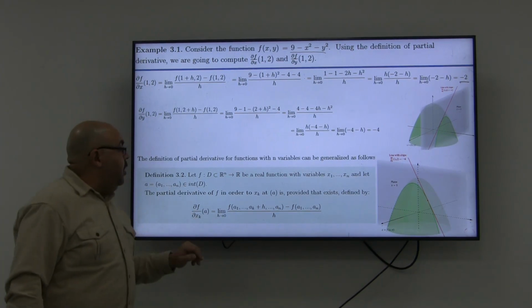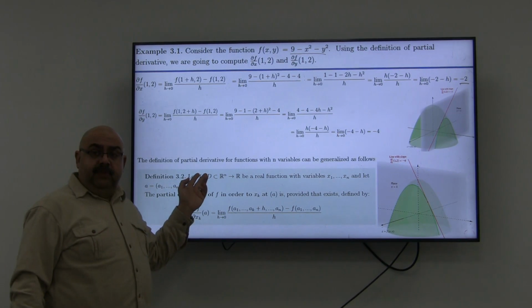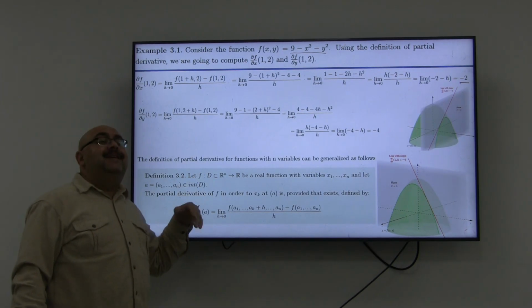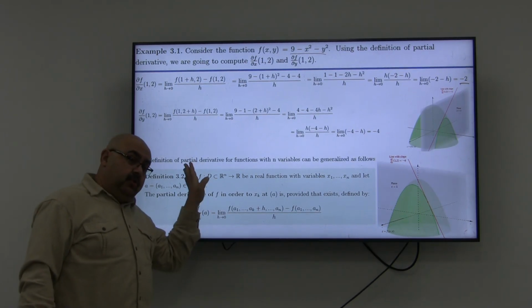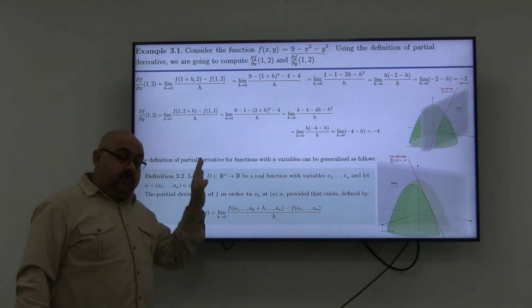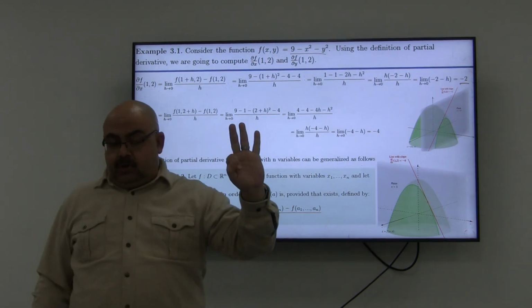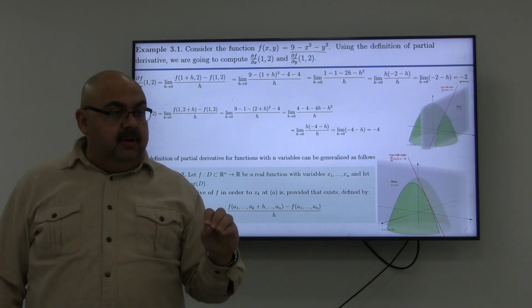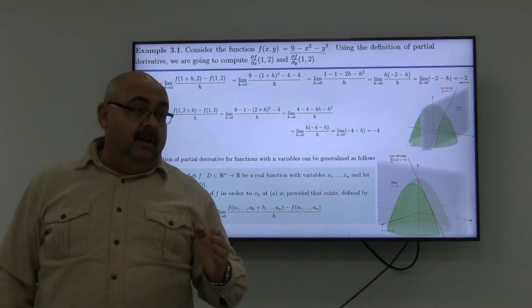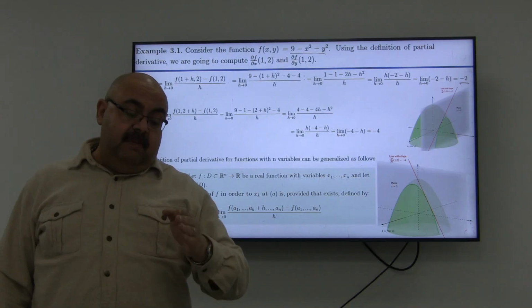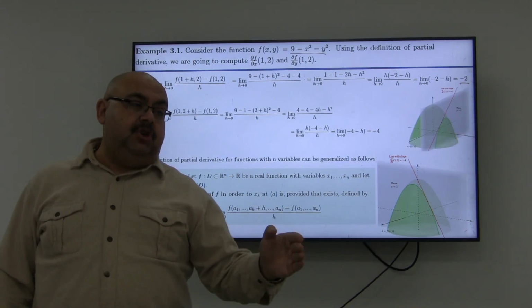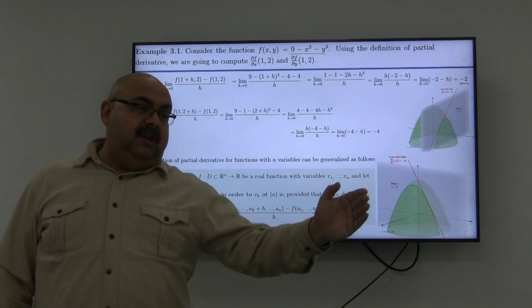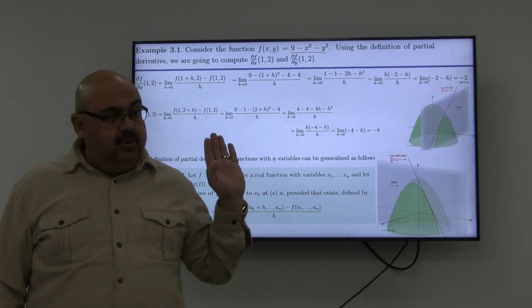Remember, I want you to remark that if I want to do a partial derivative, this is just only 2 dimensions, okay? So if I have 3 dimensions, if I have 3 variables, I can find the partial f, partial z, which is going to be exactly the same. The function will be f of a, b, and then c plus h, minus f of a, b, c, divided by h, exactly like those ones.